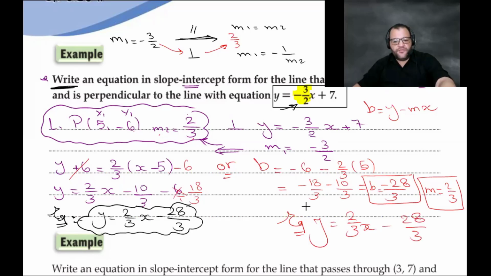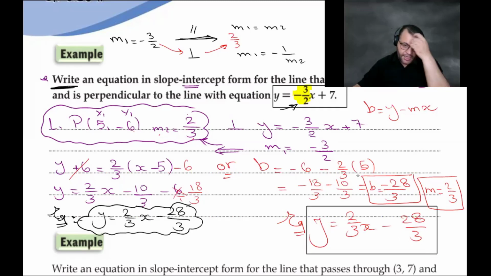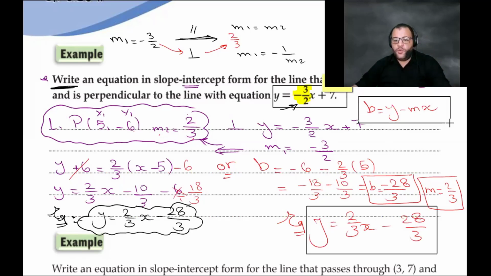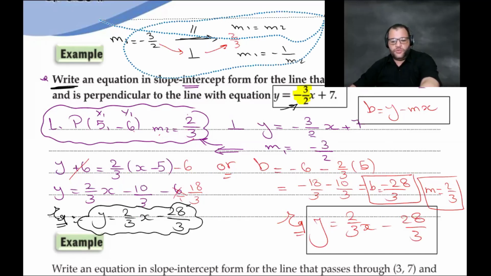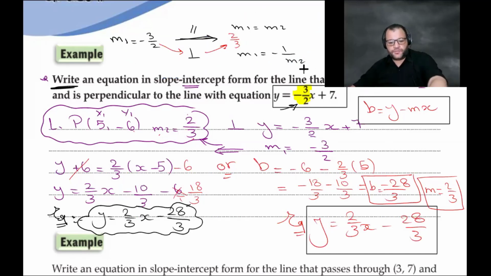Mister, can you repeat how you found b again? The second one? Okay, there is a formula for b. If you remember the session from last time, we said that b equals y minus mx. You remember this one? Okay. So just replace.